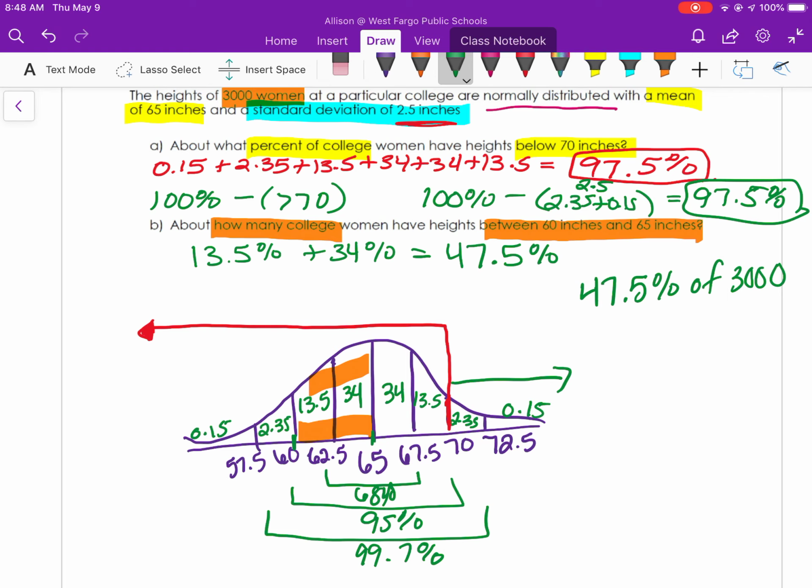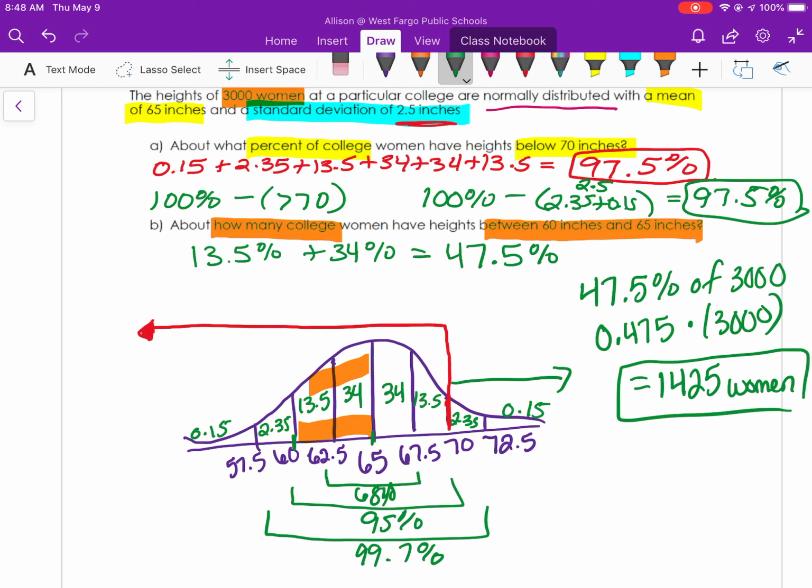So that'd be half of 100. So to find 47.5% of 3,000, you take 0.475 times 3,000, and that equals 1,425 women. So there's 1,425 women that are heights between 60 and 65 inches.